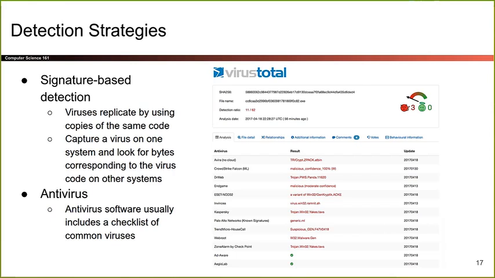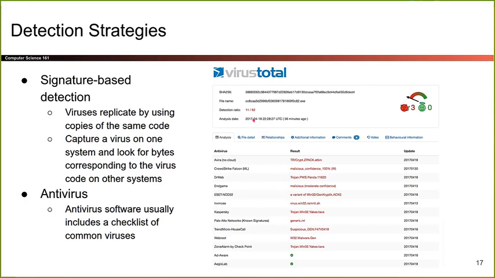So here we have one called Virus Total. I think this one actually is a bit fancier in that it actually employs multiple different antivirus software. So it uses like Kaspersky is a common one, or like Palo Alto Networks or whatever, right? So it scans your computer with all of these different antiviruses, and it sees that a lot of these antiviruses have signatures that match the virus that's been uploaded.